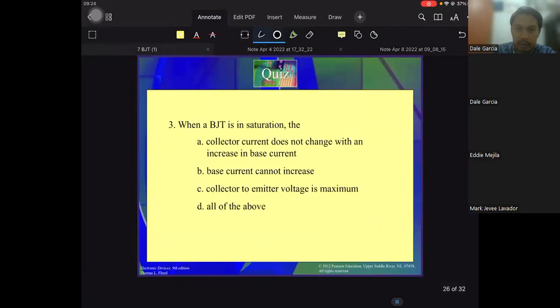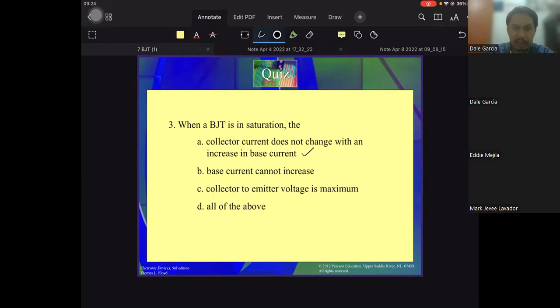Next. When the BJT is in saturation, the blank. All of the above, maybe. The collector current does not change with an increase in base current. Yes, this is true. Base current cannot increase?